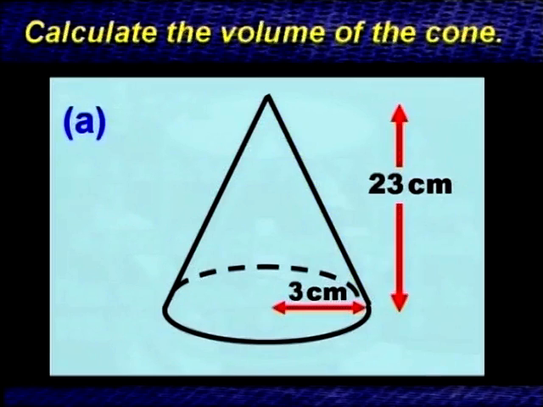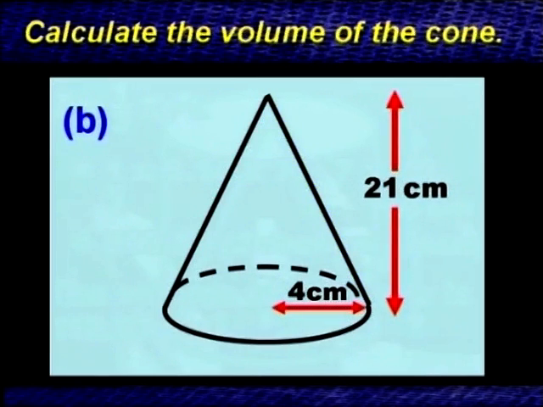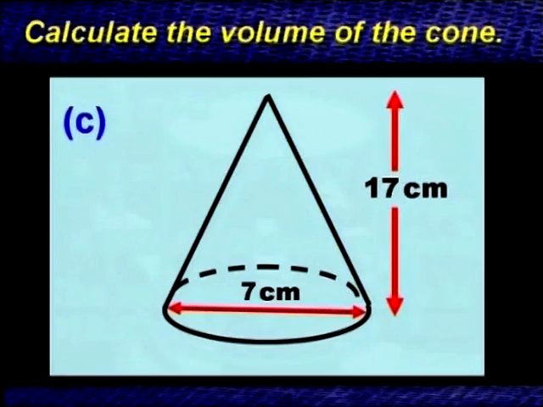Okay, B, copy down B. The radius is 4 centimeters and the height is 21 centimeters. That's for B. All right, C. For C, the diameter is 7 centimeters and the height is 17 centimeters.